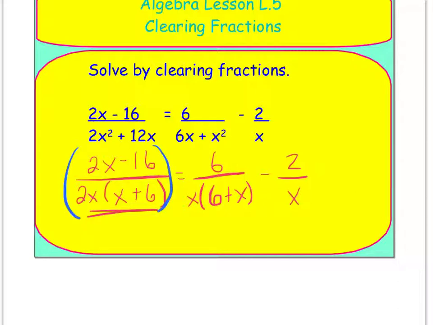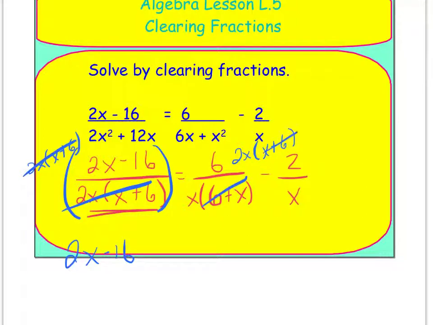So multiply this by 2x times x plus 6, which can cancel out, and we're left with 2x minus 16. If I multiply this one by 2x times x plus 6, the x plus 6's can cancel out, the x's can cancel out, and 6 times 2 gives us 12. If I multiply the next one by 2x times x plus 6, the x's can cancel out, and I actually have to distribute here.